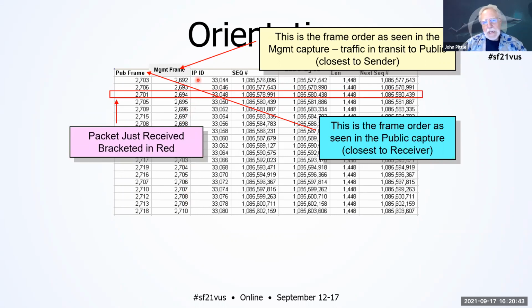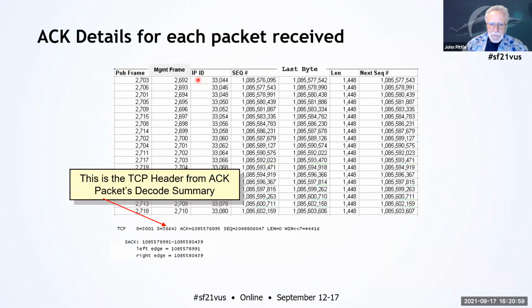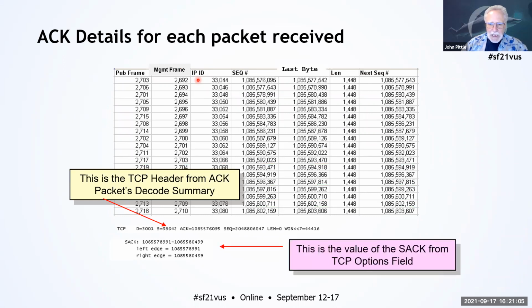When I put a red box around a row, that indicates in our storyboard that a packet was just received, bracketed in red, and previous frames that were received will be bracketed in green. In the bottom, we'll have the TCP header from the ACK, as well as the SACK field from the TCP options header.